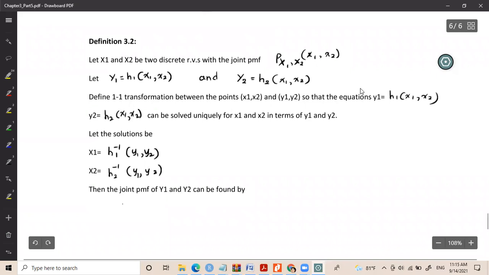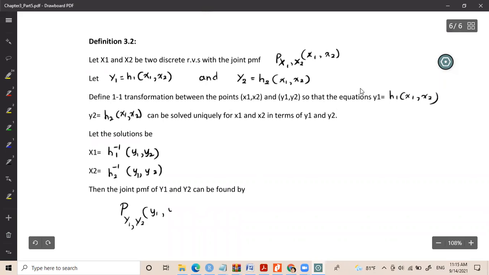That will be finally simply you take the joint density of X1 and X2 and replace X1 with what? H1 inverse of Y1, Y2. That is X1, and X2 will be replaced with H2 inverse of Y1, Y2.